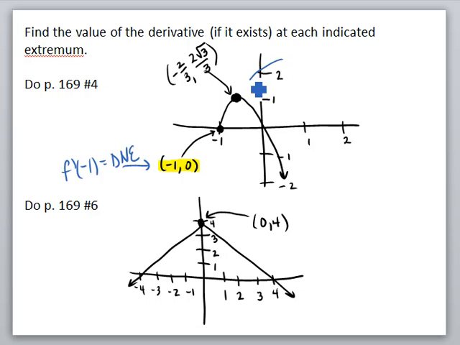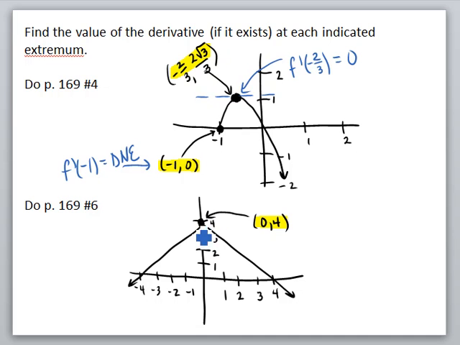This one up here, we're going to determine the derivative at -2/3 to be equal to 0. Notice how the slope of the tangent line to the curve is 0. On the next example I have here, we're going to look at 0, 4 and determine what is going on with the derivative at 0, 4.